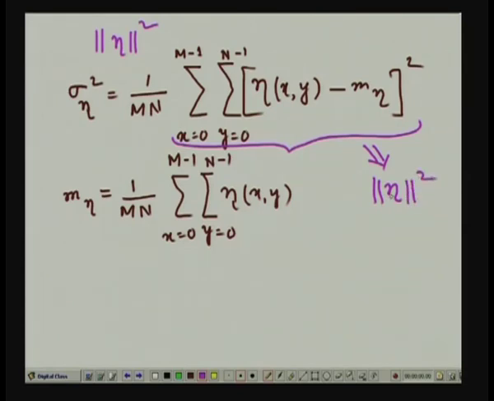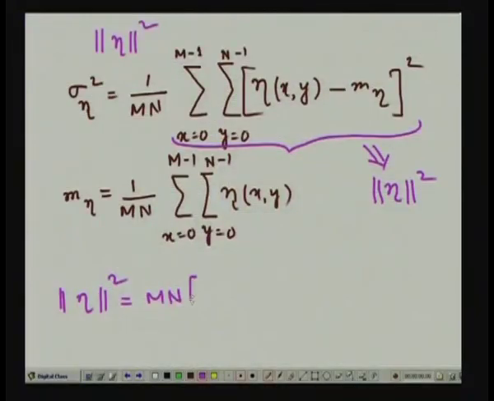So, by making use of this and the mean of the noise, we get that eta square, this noise term, is nothing but capital M into N, where M and N are the dimensions of the image, into sigma eta square plus m eta squared.